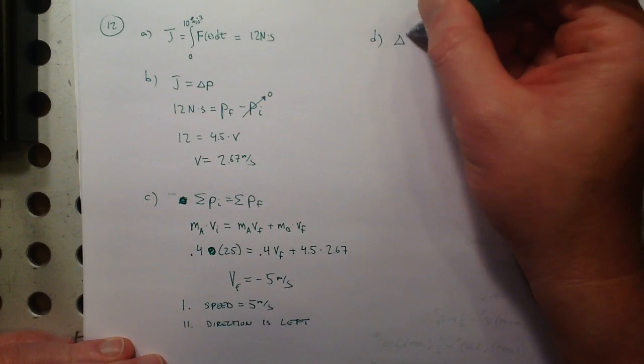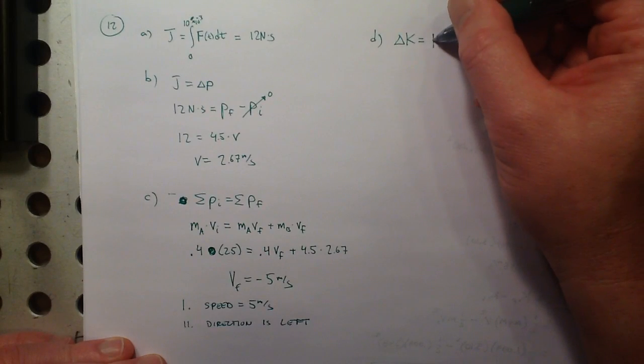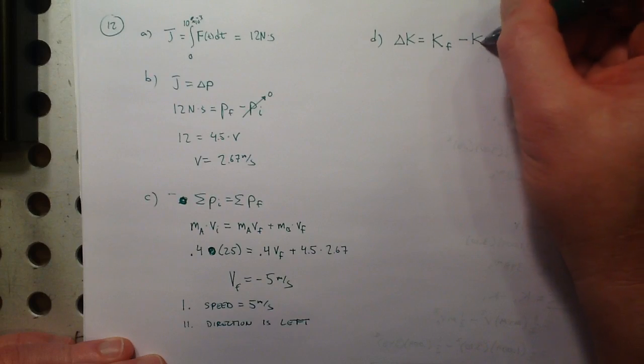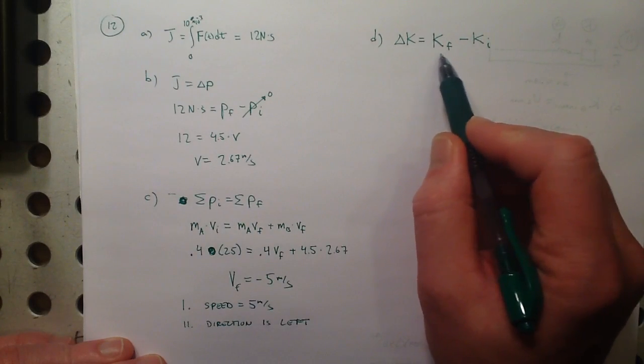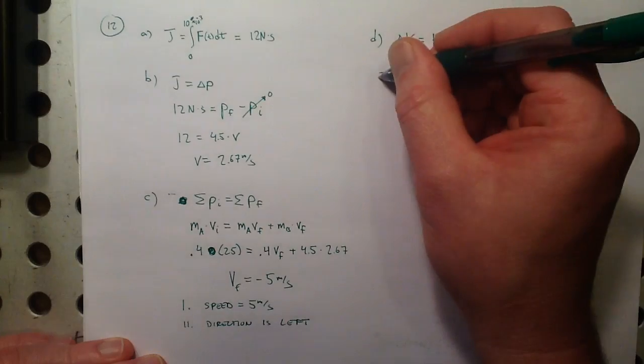So let's find the change in kinetic energy. That's equal to the final kinetic energy minus the initial kinetic energy. And notice here that for the final kinetic energy, there's two things moving, right? And the initial, there's only one thing moving, so just be careful with that.